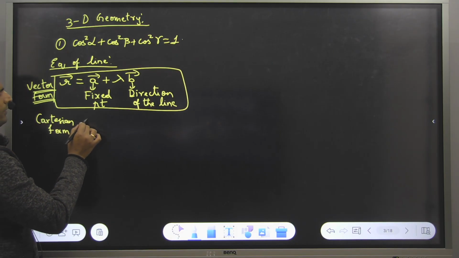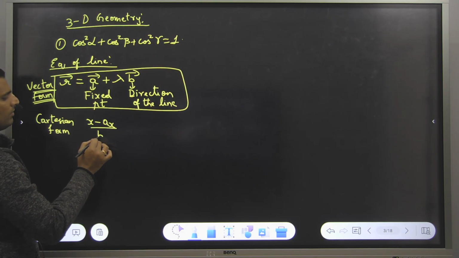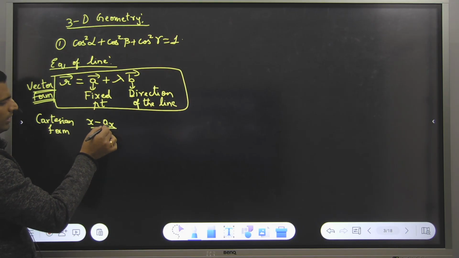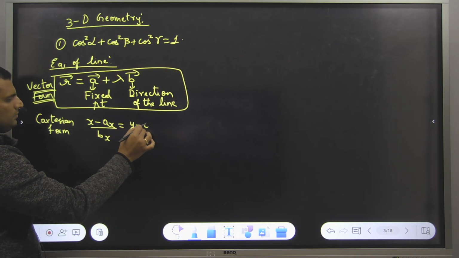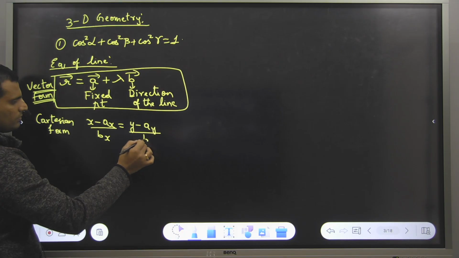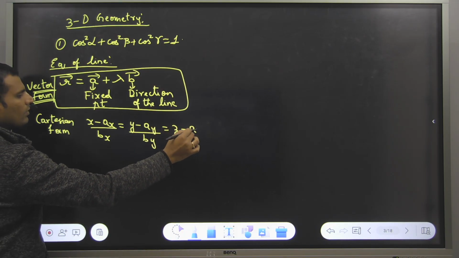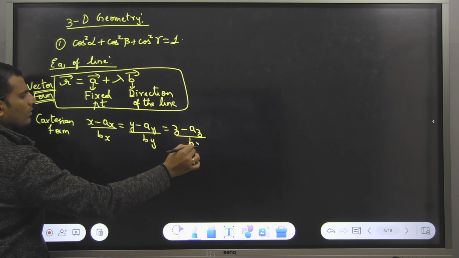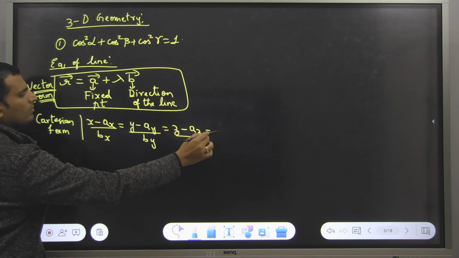Cartesian form is x minus ax, x1 ಅಂತ ಕರಿಬಹುದು ಅಥವಾ ax ಅಂತ ಕರಿತೀನಿ, divided by bx. This is Cartesian form.